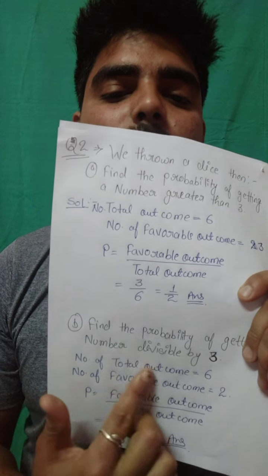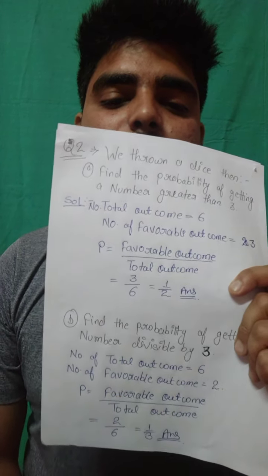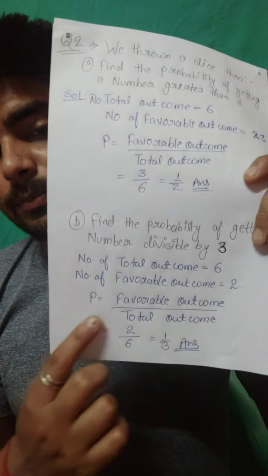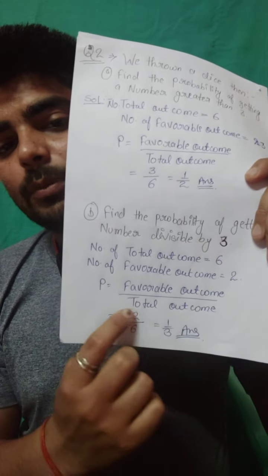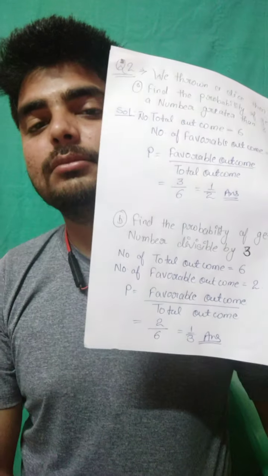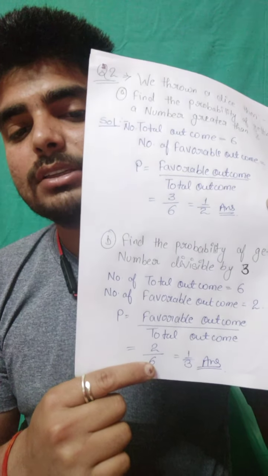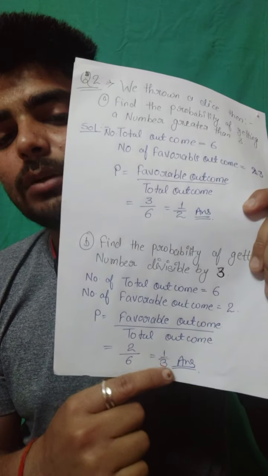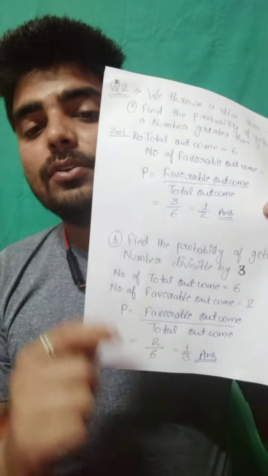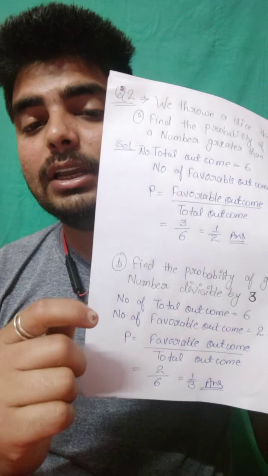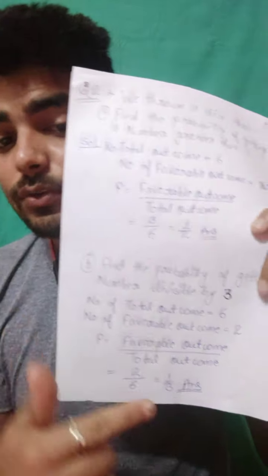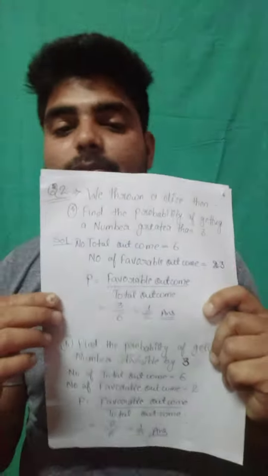And what is the total outcome? Total outcome is 6. So according to the formula, favorable outcome upon total outcome, it is 2 upon 6. We have the probability as 1 upon 3. It means the probability of getting a number divisible by 3 is 1 upon 3.